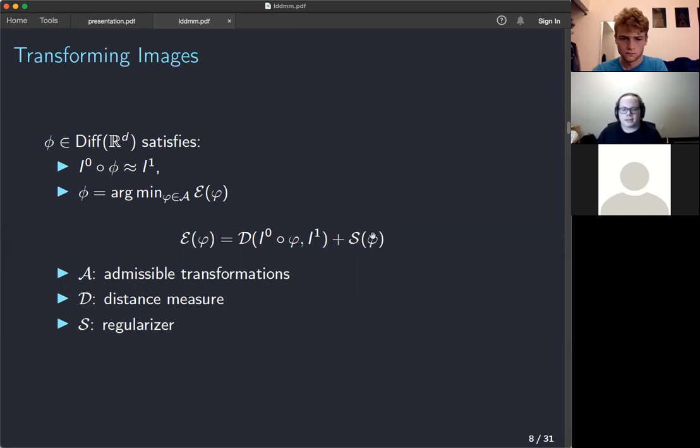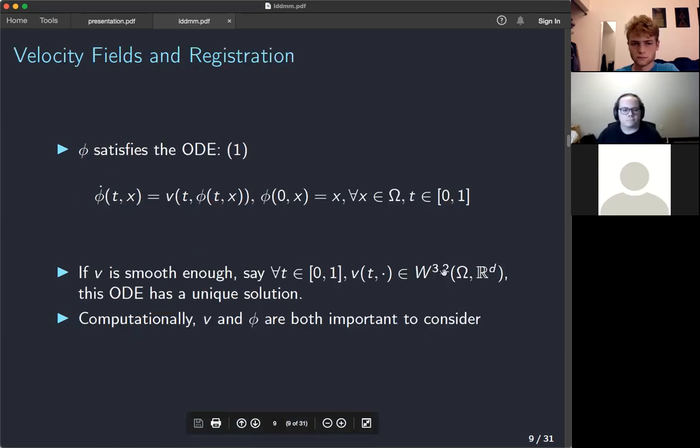And the second is going to be a regularizer to make sure phi is smooth and of minimal norm in some sense. The set A is the set of admissible transformations, which takes a bit of theory to describe. Some buzzwords would be reproducing kernel Hilbert spaces. That goes into setting up this set A, as well as given the underlying set omega.